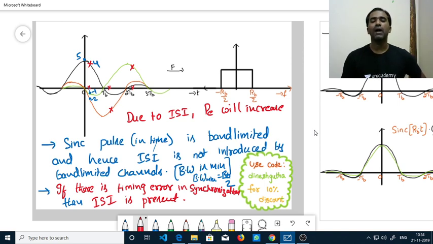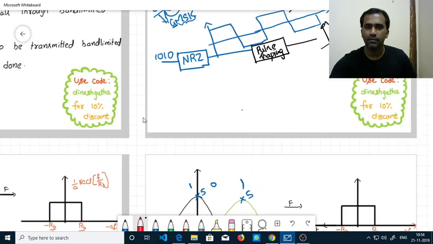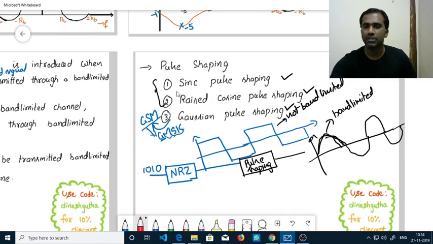So how to avoid this ISI due to sinc pulse? That is the main point that we have to understand. For this sinc pulse, if there is timing error, we are having ISI, we should figure out a way how to reduce this. Yes, we can do that using our next concept or next pulse shaping, which is raised cosine pulse shaping.